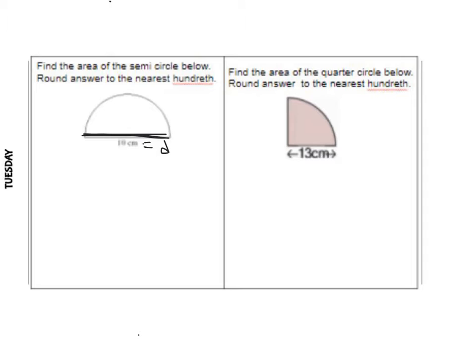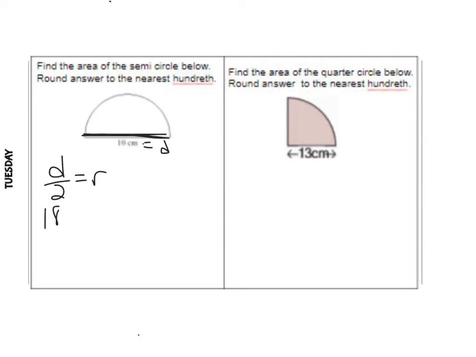So I'm going to go ahead and find the area. But to find area, we need what measurement? Radius. So in order to find radius, you do diameter divided by 2. So here the diameter is, what is it? It's 18.